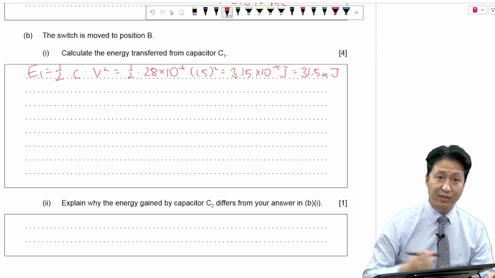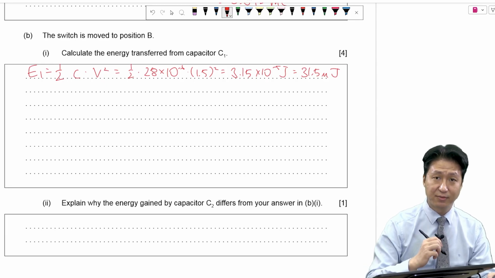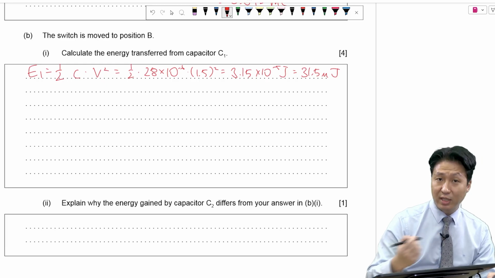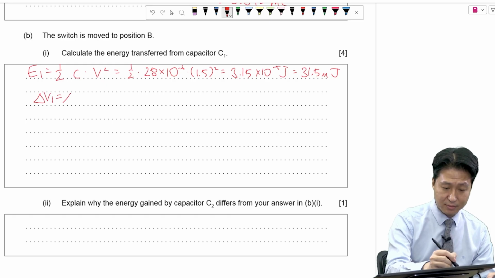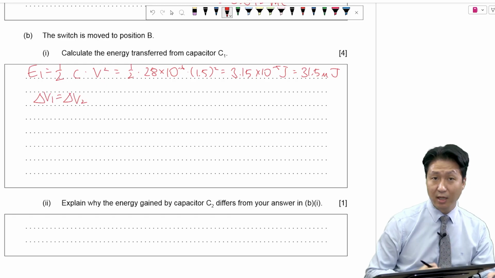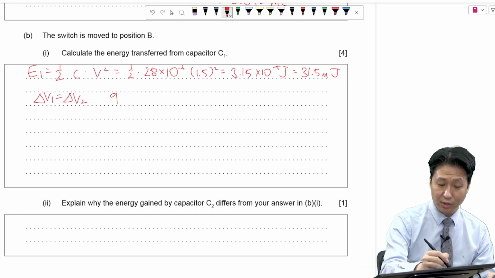Next, let's get the final voltage of this capacitor. The way we can do this is we have the fact that at the end, the final voltages will be the same, but the total charge will equal the total initial charge.